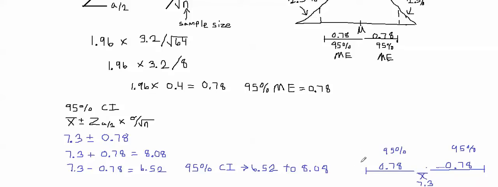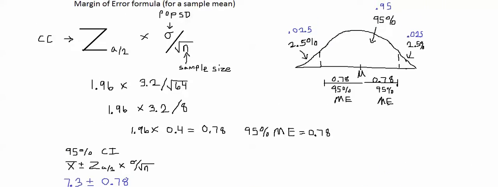This is the lower end, which is 6.52. This is the upper end, which was 8.08. This is the margin of error. And this is the other margin of error. This is the 95% margin of error. This is the 95% margin of error again. And this whole thing is called the 95% confidence interval with my sample mean at the center.